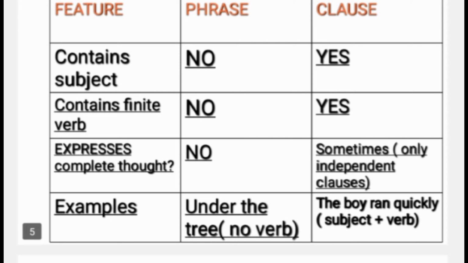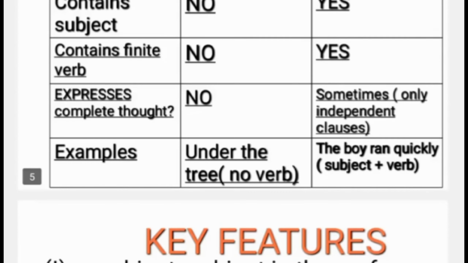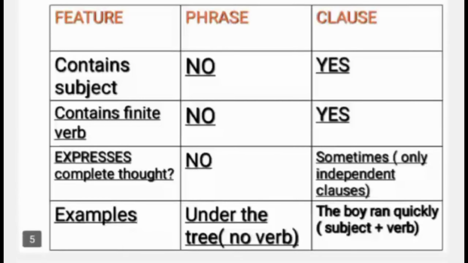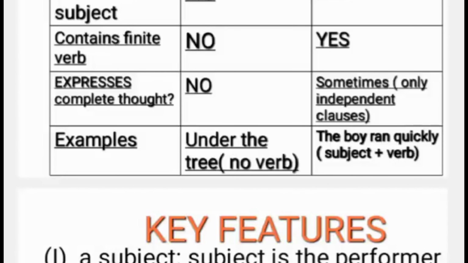A phrase doesn't contain any subject, but a clause contains a subject. Feature number two says contains finite verb. A phrase doesn't contain any finite verb, but a clause contains a finite verb. Feature number three says a phrase doesn't express a complete thought, but a clause, when it is an independent clause, expresses a complete thought.